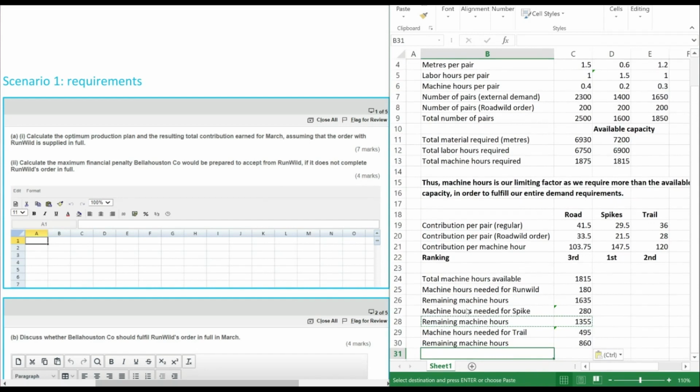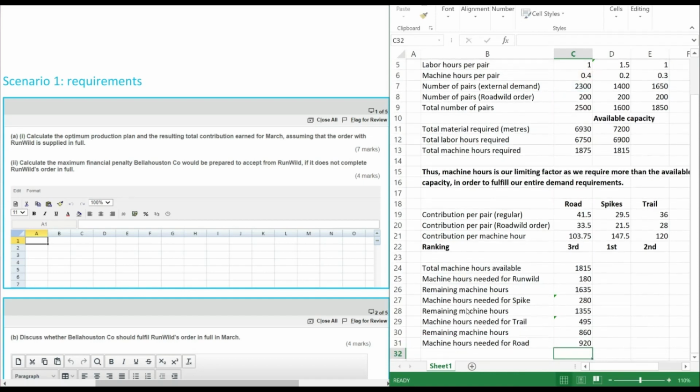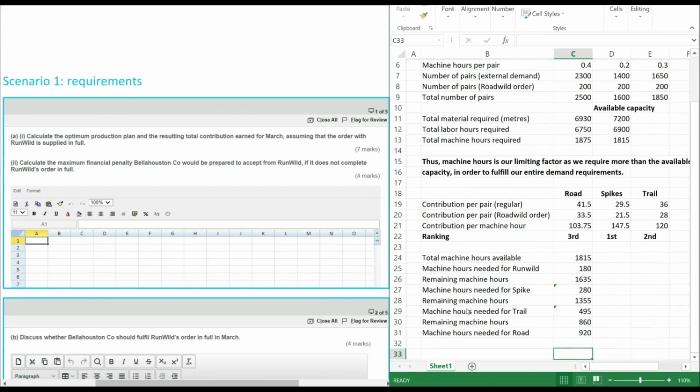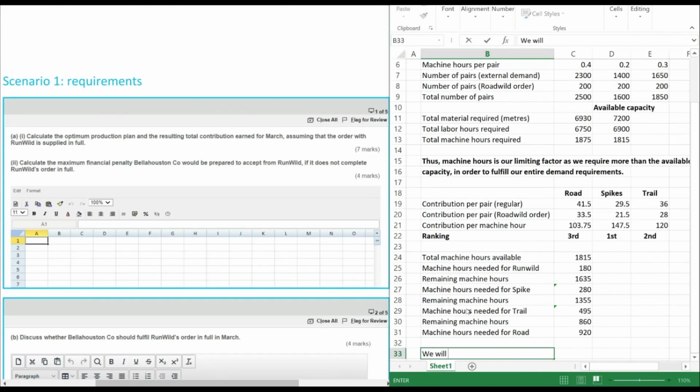Now the last pair is road. For road, the total hours required would be 2,300 into 0.4, 920. So you can see we don't have enough, we only have 860 hours left. So we can say we will be unable to fulfill our external demand for road.